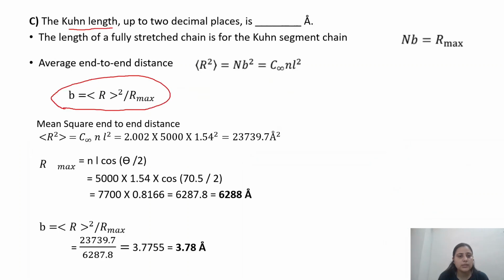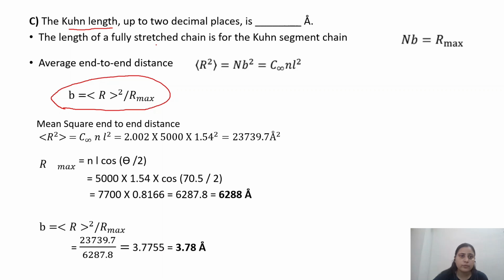To get this formula, we need to know two other formulas: the length of a fully stretched chain for the cone segment chain is NB equals R max.